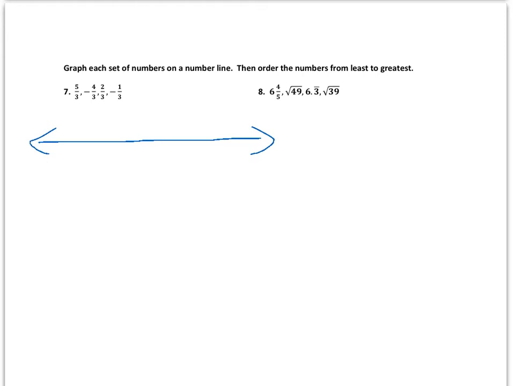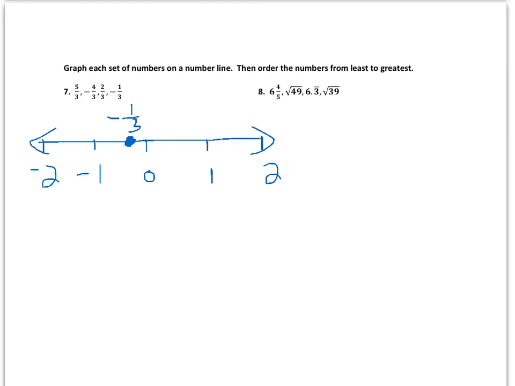Let's say this is 0, let's make this 1, let's make this 2, we'll go -1 and -2. If we had -1/3, well, -1/3 is going to be right about here. It's a third of the way between -1 and 0.